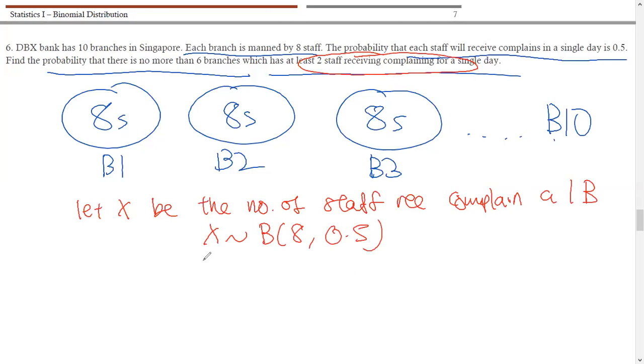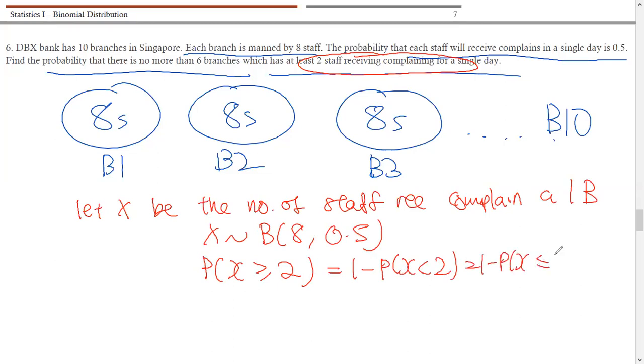All right, so P(X at least 2), X more than or equal to 2, is what they want. Please convert it to 1 minus P(X less than or equal to 1), and this will give you 0.9648. Okay, so this is the probability for the number of staff receiving a complaint within one branch.